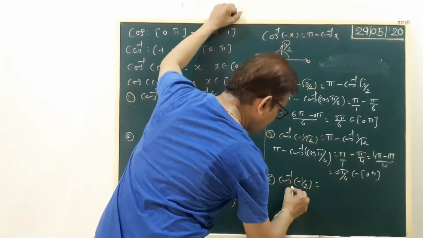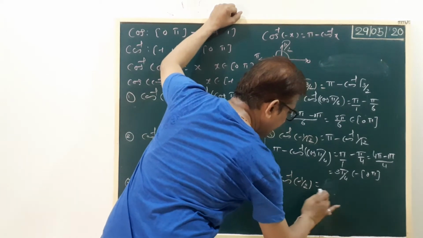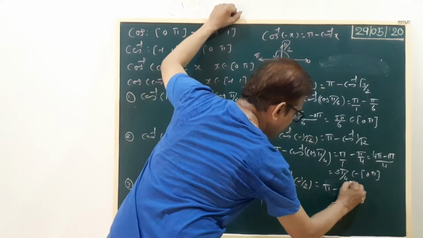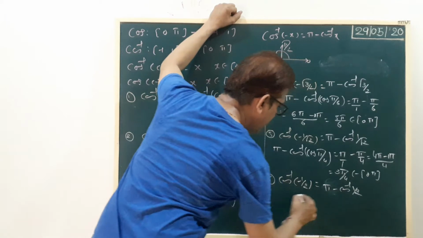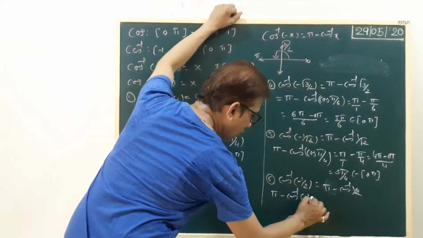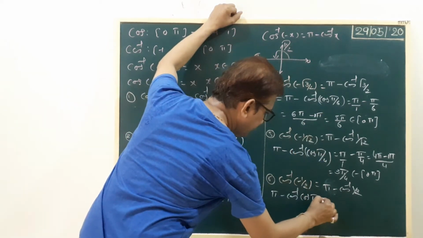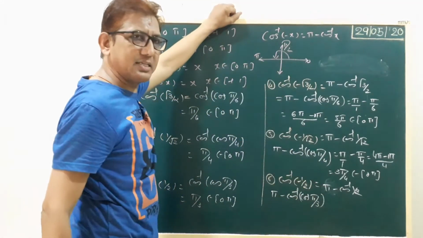Now this one, cos inverse minus 1 by 2. So we write pi minus cos inverse 1 by 2, so pi minus cos inverse cos pi by 3. Pi by 3 is 60.